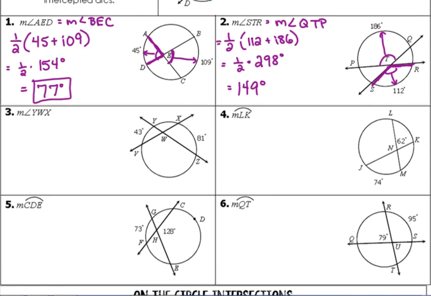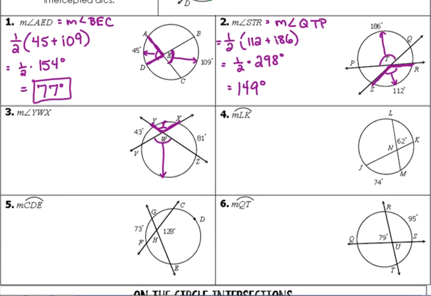All right, number 3, same deal here. YWX. Now, let's look at that one. They don't give us the measure of that arc or the other side. They give us the other 2 pieces, so we're going to have to do a little extra work here.